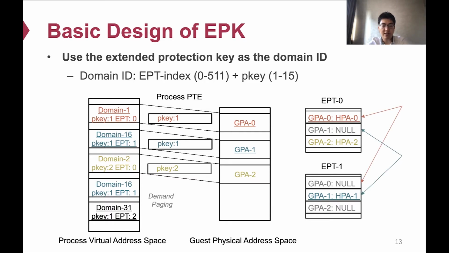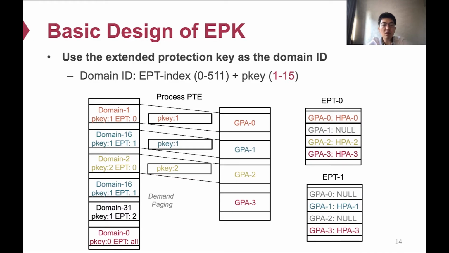To achieve memory isolation between domains in different EPTs, EPK ensures that each domain's mappings only exist in one EPT. Other memory pages, like the global code and the data, are tagged with PK0 and mapped in all the EPTs. EPK calls this special domain as domain 0. This is also why each EPT can only offer 15 domains instead of 16.